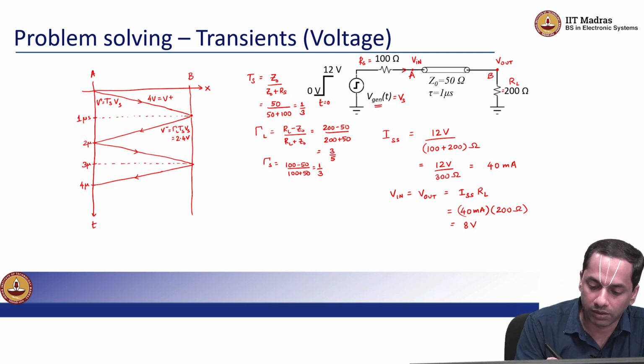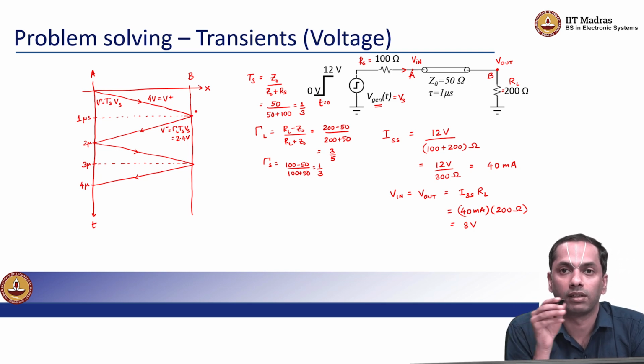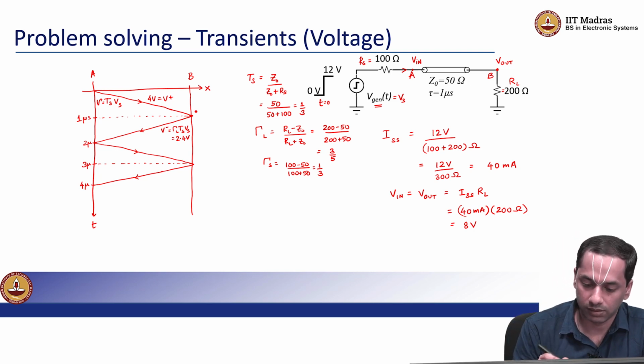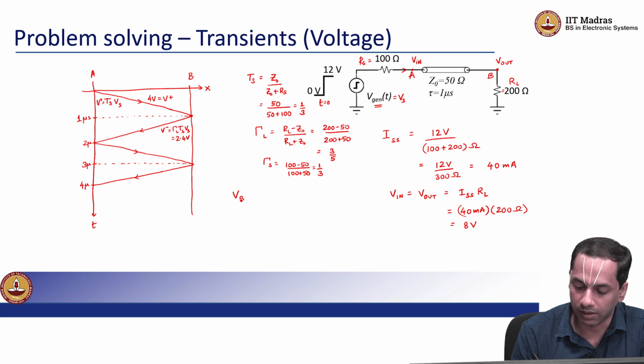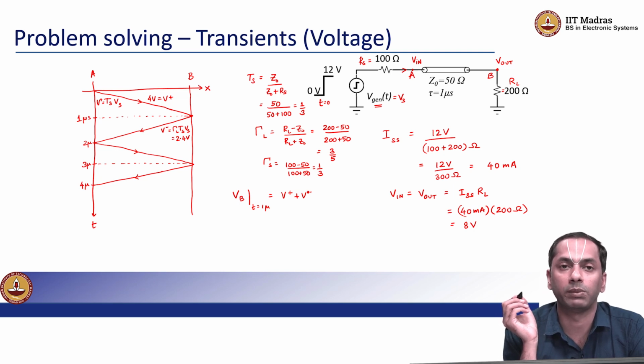Now if I were to ask you what is the voltage at B when this 4 volt arrives, V at B at time t equals 1 microsecond is always V plus plus V minus. Remember that gamma L is positive, so V minus is plus 2.4 volts.